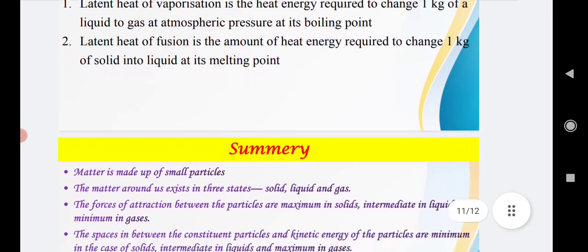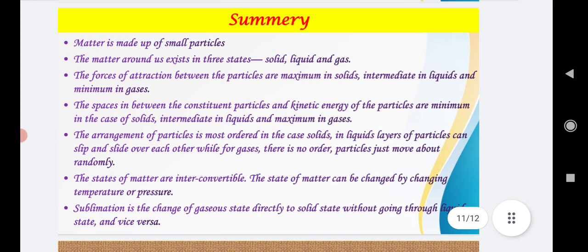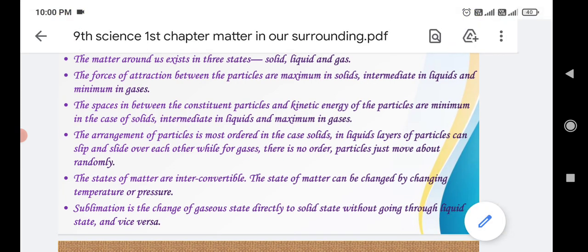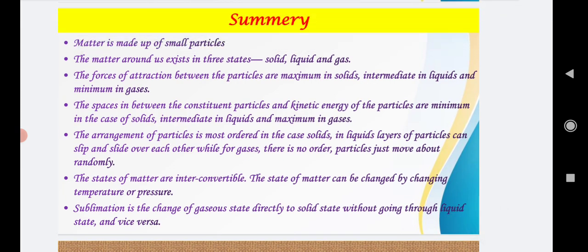So now let us summarize what we have seen in this lecture. We have seen that matter is made up of small particles. Matter around us exists in three states, that is solid, liquid and gas. The forces of attraction between the particles are maximum in solid, intermediate in liquid and minimum in gases.